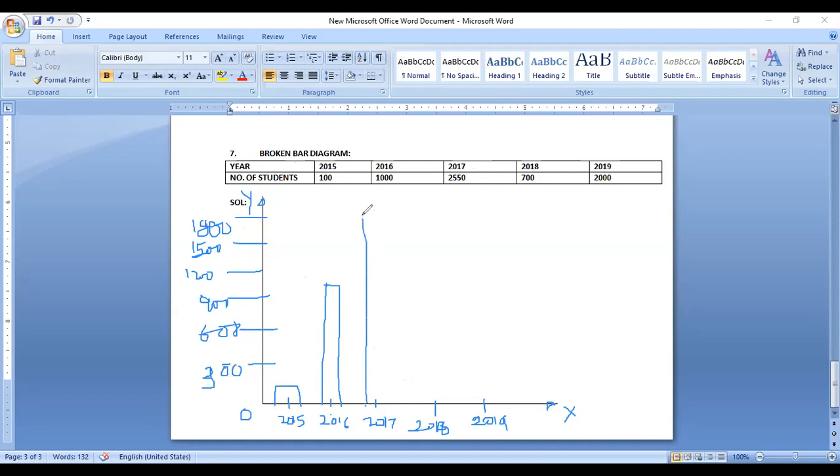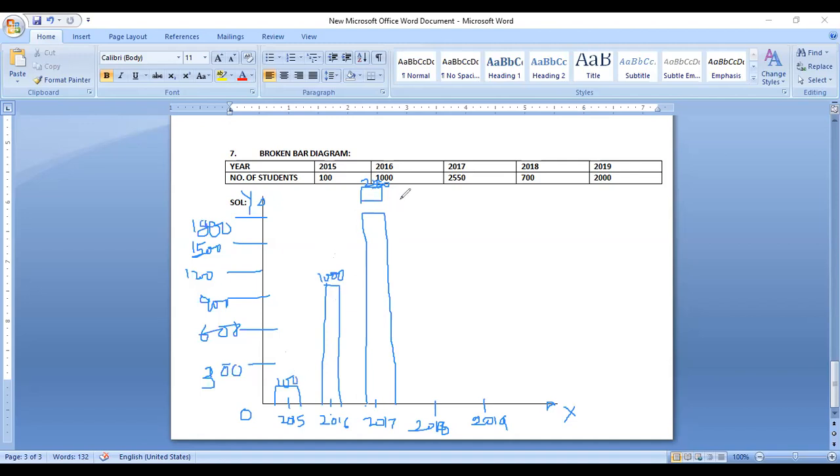So what you have to do is, we have to do like this, and here give some gap at the top, and on the top you deem it as 2550. You have to write. Of course, we have to write here also on top of every bar. It is a better practice to write the values.